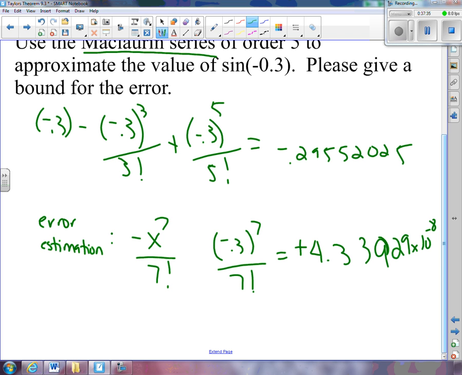So let's find out what our error actually is to prove to you that this works. What is the sine of negative 0.3?